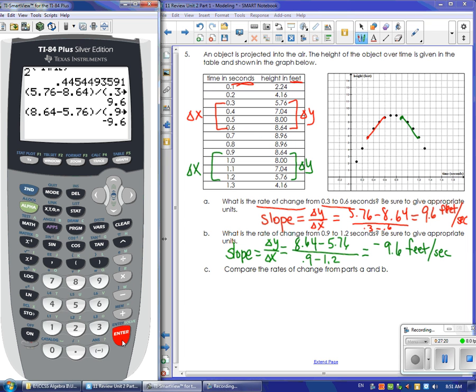It says to compare the rates of change. Well, the rate itself is going to be the same, right? I mean, they're both traveling the same distance over the same amount of time, except in part A, the object is increasing, and in part B, it's decreasing. So the rates are the same.